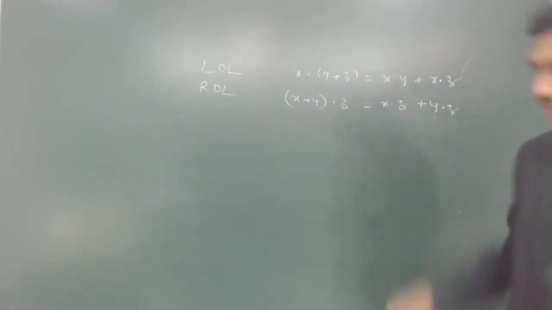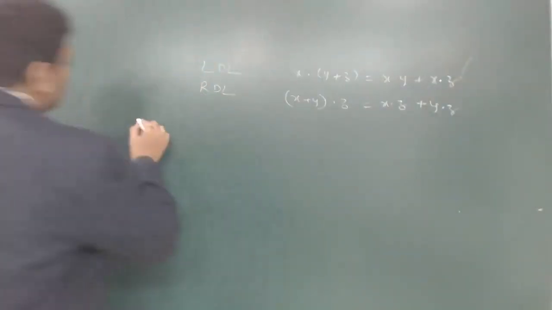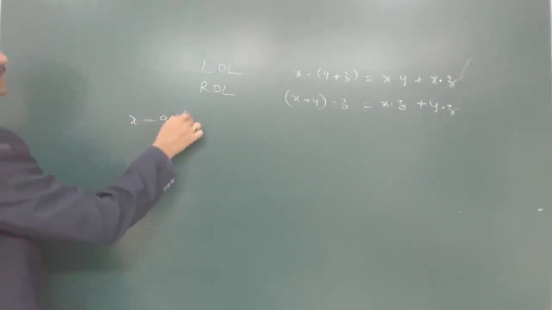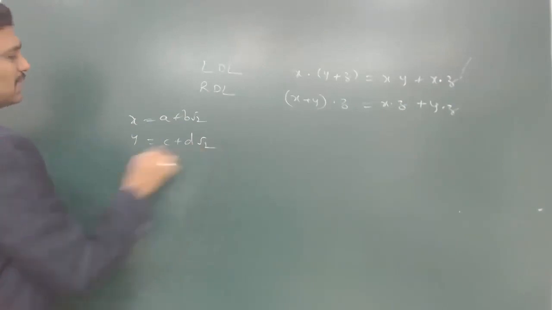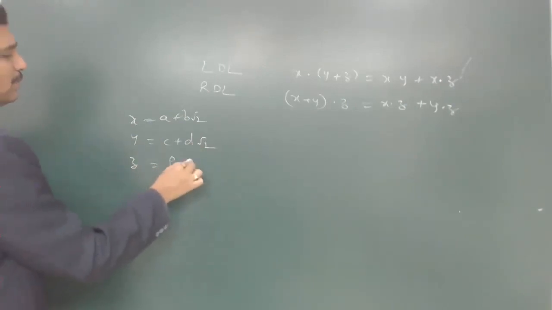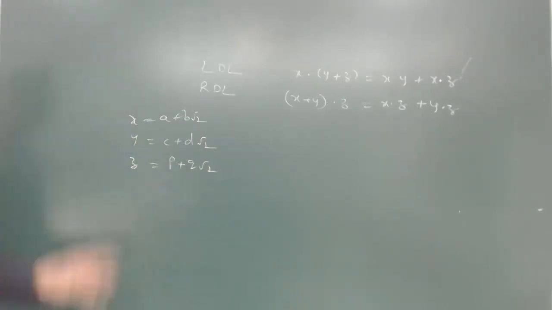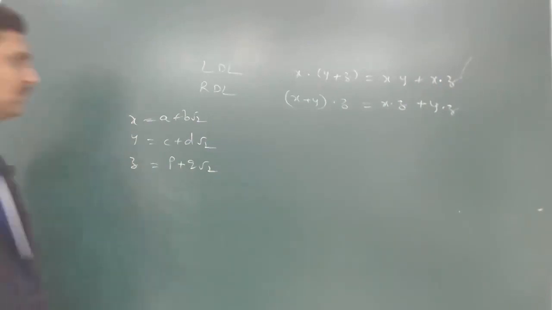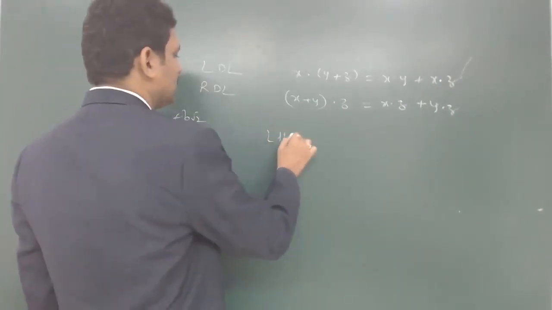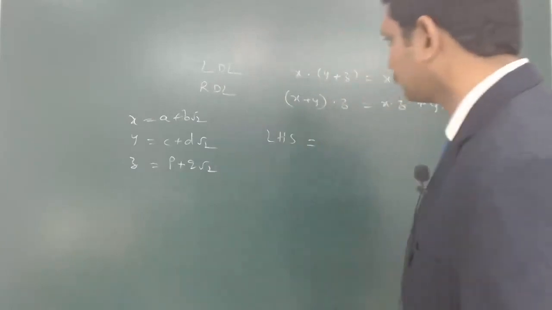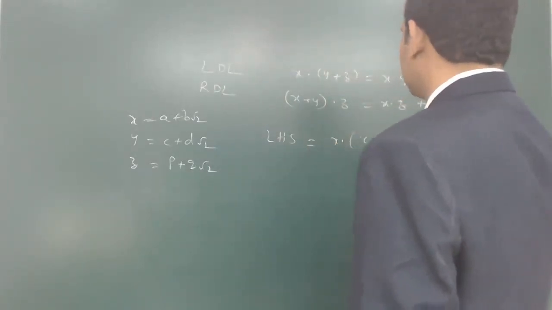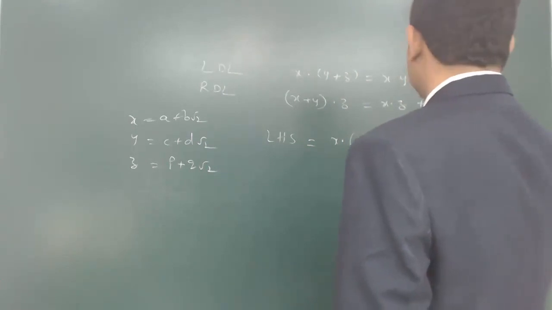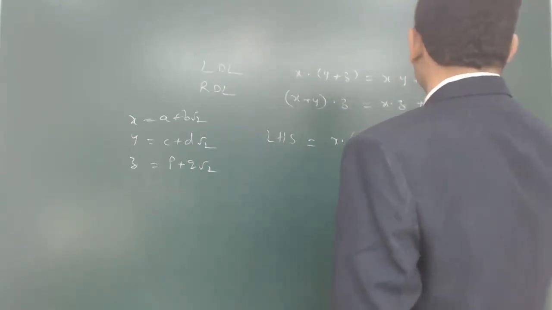So if you take the first one, as we have taken x is equal to a plus b root 2, y is equal to c plus d root 2, and z is equal to p plus q root 2. Now let us apply the values there. Considering the LHS, you have x dot (y plus z), which means (c plus p) plus (d plus q) root 2.